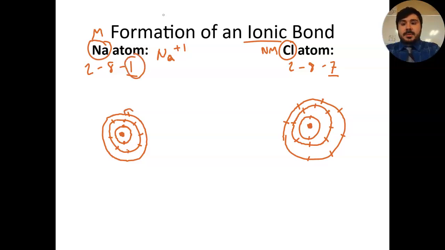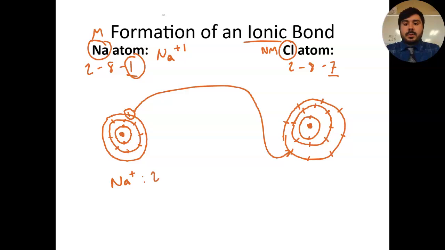So what happens here is this 1 valence electron in the outermost energy level for sodium gets transferred all the way over to our Bohr model for chlorine here to give chlorine its 8. So now our new configuration for the Na plus ends up being 2-8, and our new configuration for the Cl minus ion, right?